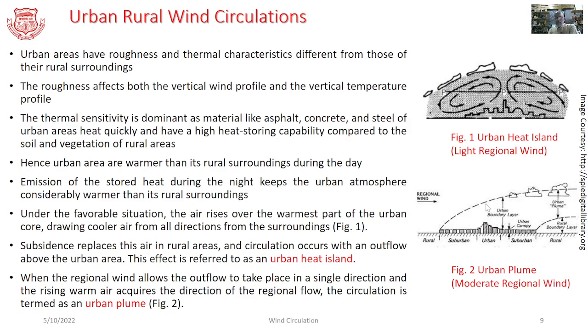Also, if we consider this urban region as a whole, and if we consider the emissions that are taking place over that urban region as a whole, if the regional wind allows the outflow to take place in a single direction and all that particular rising emissions go in the same direction as that of the regional flow, these emissions appear to be taking place from some stack-like source.